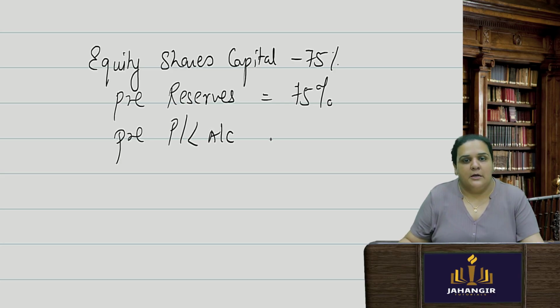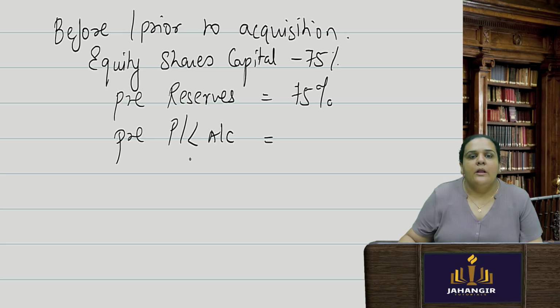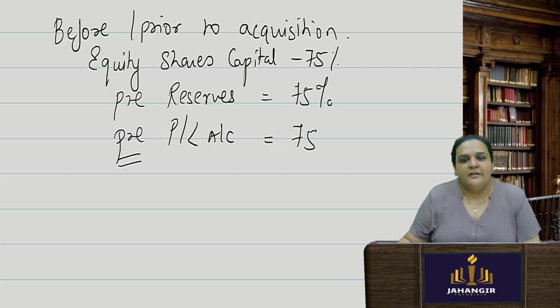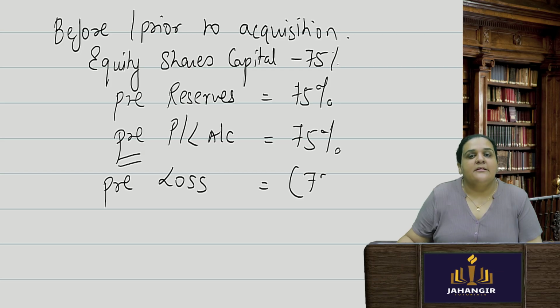pre-profit and loss account, before or prior to the date of acquisition, will be treated as part of the net worth calculation. In that I will take 75%. If there is any pre-loss, I can subtract it to the extent of 75%.